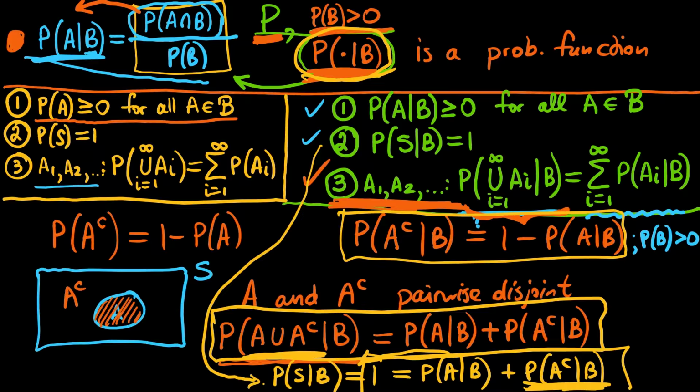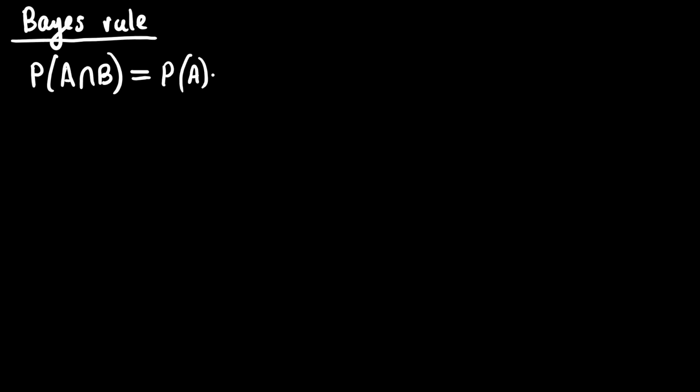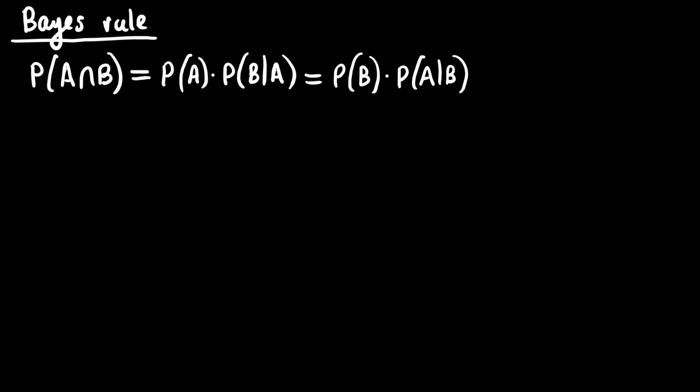Okay, so now let's move on to Bayes' rule. To do that, we'll recall that we can write the probability of the intersection of two sets in two different ways. We can write it as the probability of A times the probability of B given A, or we can write the probability of B first times the probability of A given B. Right, we've seen this before.